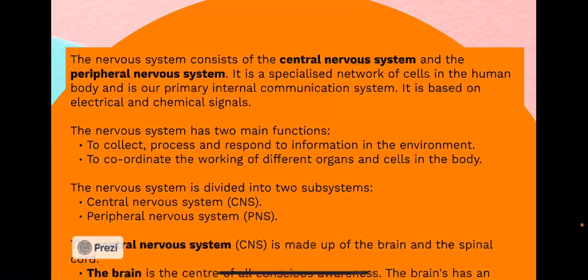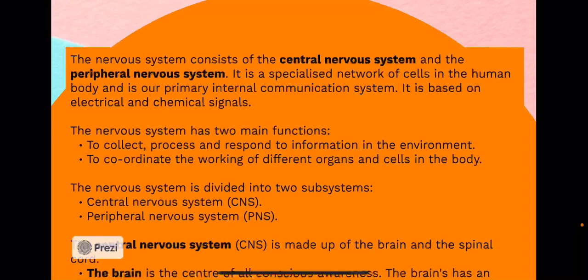So, the nervous system consists of the central nervous system and the peripheral nervous system. It is a specialised network of cells in the human body and is our primary internal communication system. It is based on electrical and chemical signals.